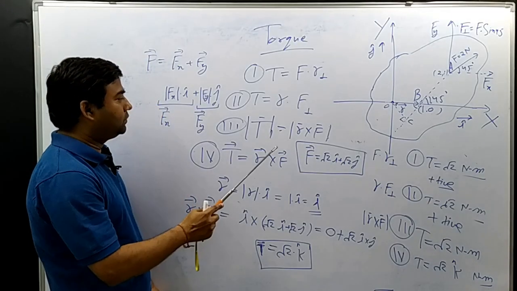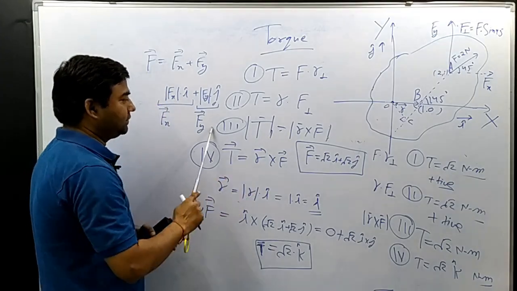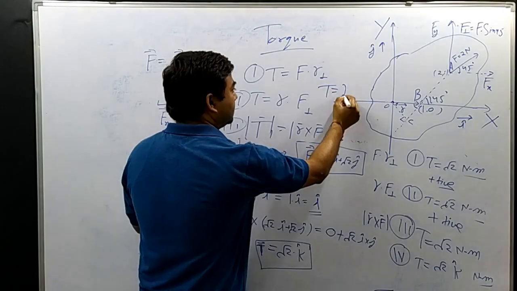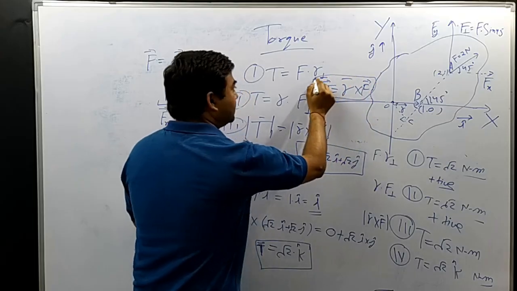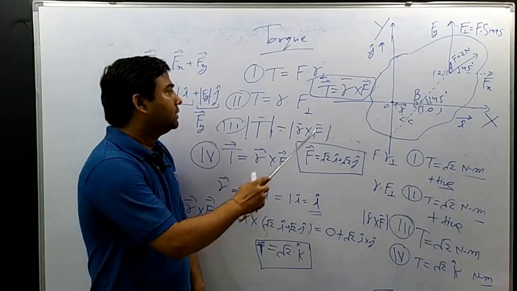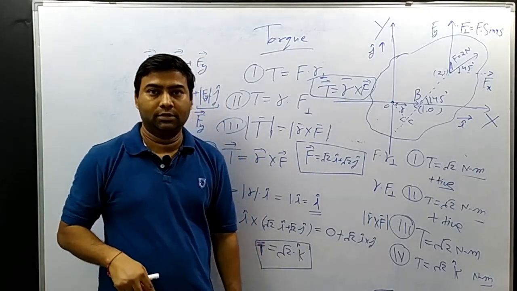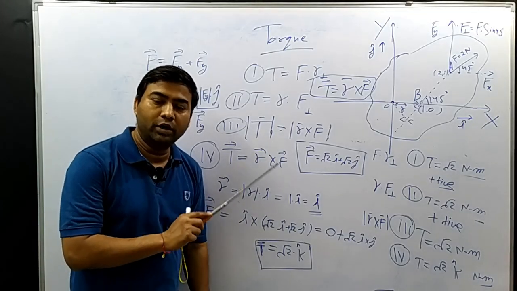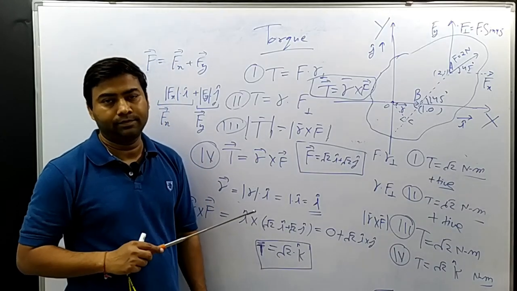The basic definition of torque about a point is r cross F. Torque is vector r cross vector F. Again I am writing, this is the basic definition of torque of a force about a point, where r is the position vector of any point on the line of action of the force with respect to the point about which torque is being found.